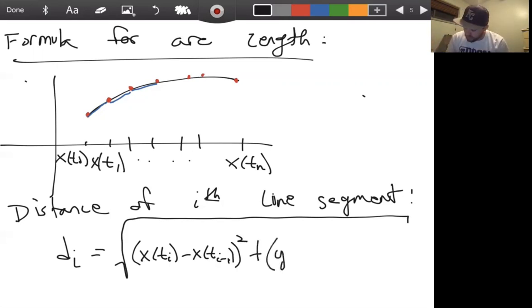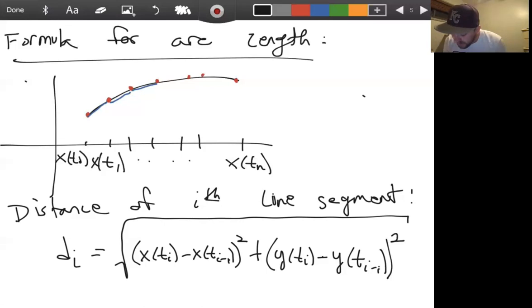So we'll have y of ti minus y of ti minus 1 squared. And this gives us the distance of the ith line segment. Say this is the ith line segment up here.